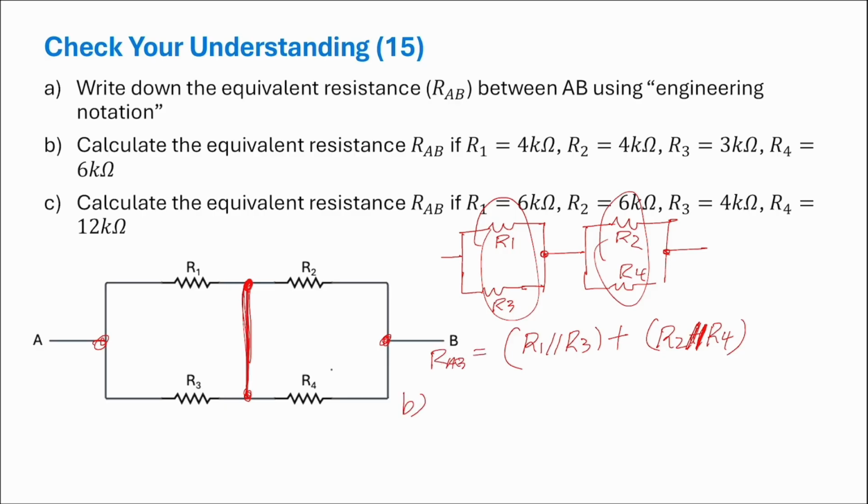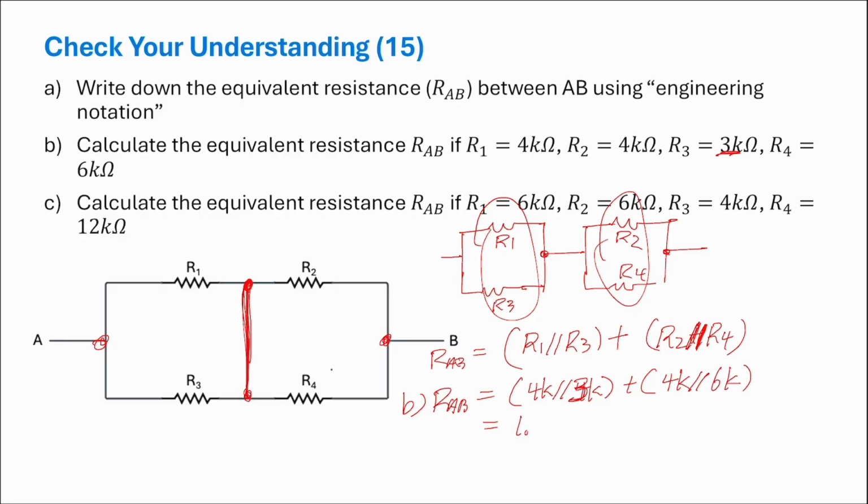Part B, so RAB, I just plug the number now. This is 4K parallel 4K plus, beg your pardon, this is 3K, because this is R3, and this is 4K parallel 6K.